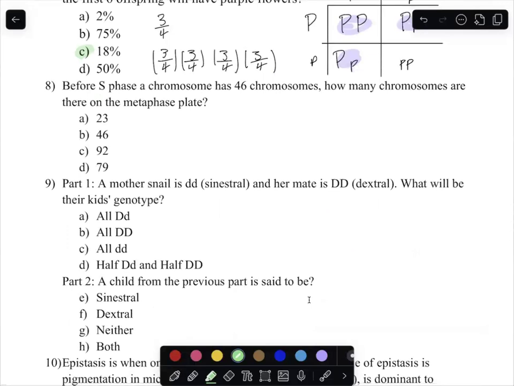Okay. Before the S phase, a chromosome has, I think that's a typo. Anyways, has 46 chromosomes. How many chromosomes are there on the metaphase plate? So this is something that I was going over earlier. So in the S phase, well, before the S phase, we had 46, right? So 46 we synthesized here.